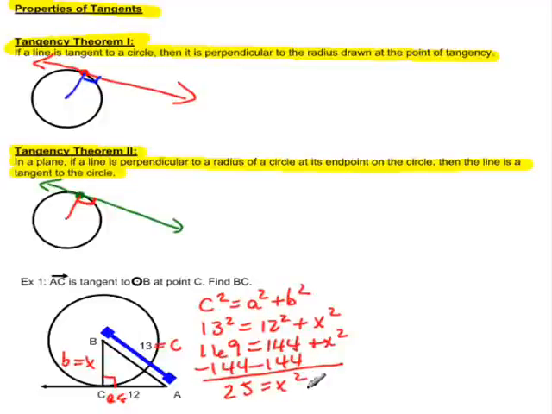And don't forget, I don't want to know what x squared is, I want to know just what x is. So you square root both, and you get x equals 5. Okay, pretty easy. There is a reason that we need to know this rule, because a right angle could also give you a right triangle.